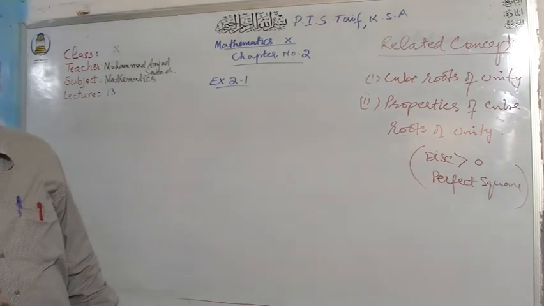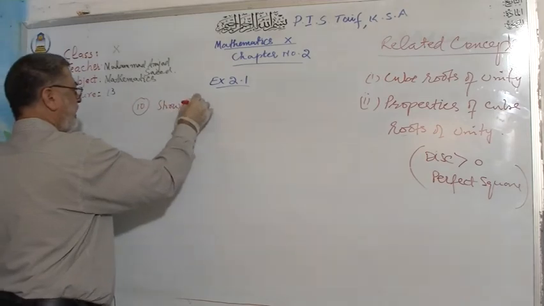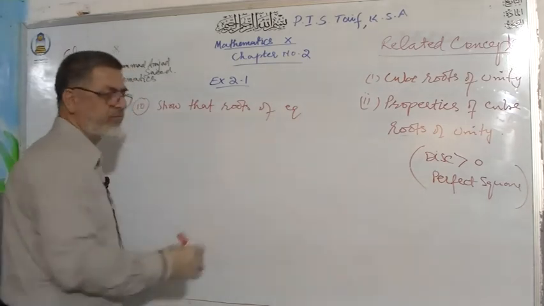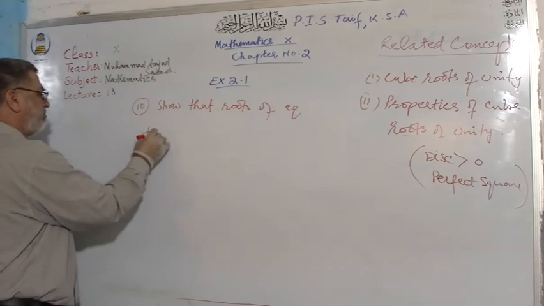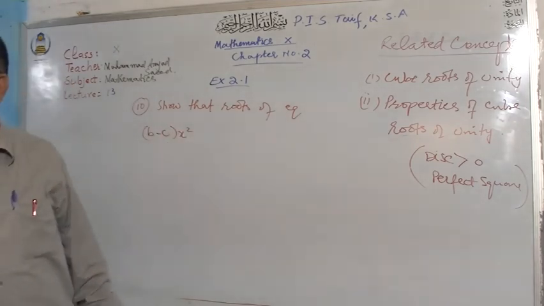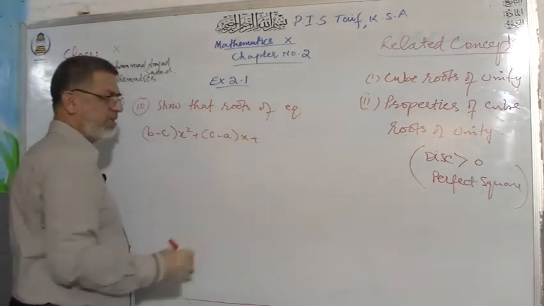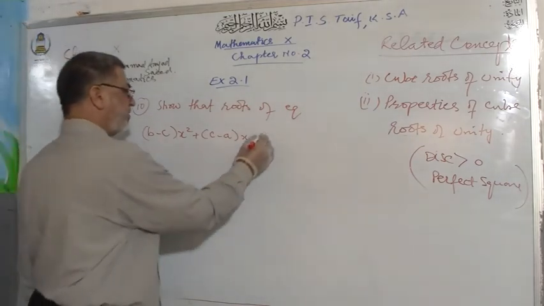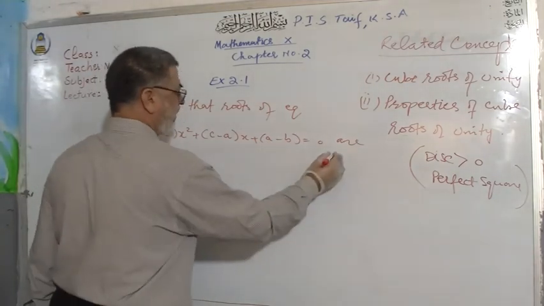Show that roots of equation b minus c into x square plus c minus a into x plus a minus b equal to 0 are real.